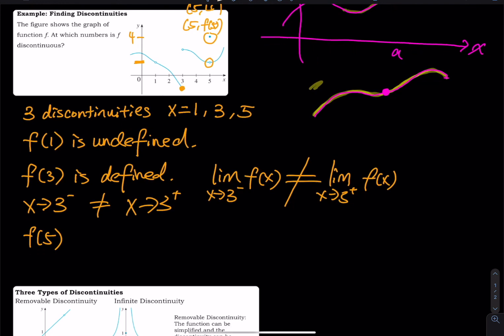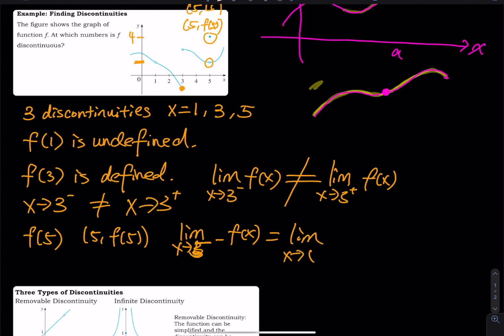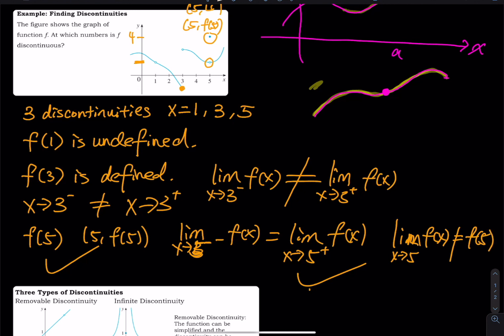So for f of 5, we have the point (5, f of 5). This is a solid point. And then we have the limit as x approaches 5 from the left side is equal to the limit as x approaches 5 from the right. Yes, they are equal. So number 1 is satisfied. Number 2 is satisfied. However, the limit as x approaches 5 from either side is not equal to f of 5. They are saying that the point is solid, and the left limit and the right limit are connected at a point.